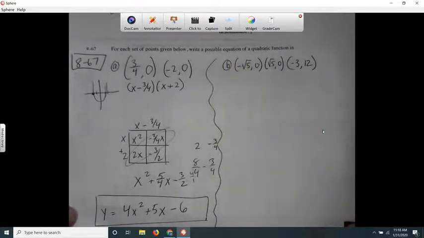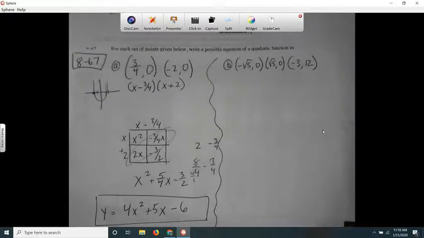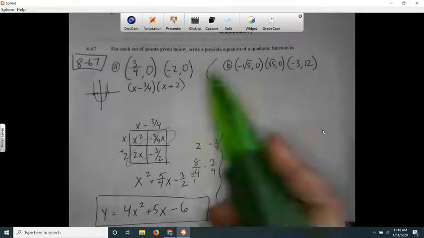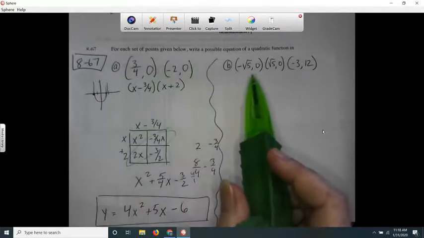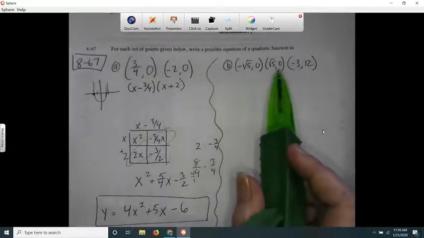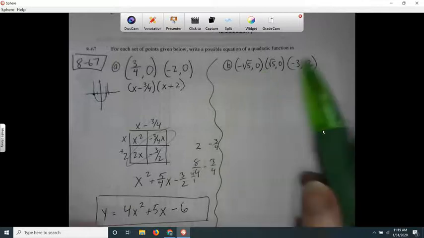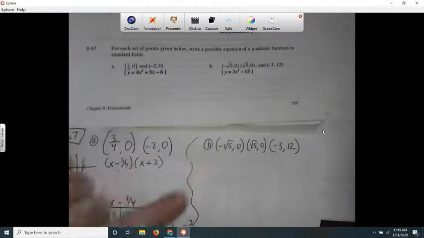And if it's not, I would have to find a stretch factor for it. This one I didn't have to worry about any extra points. It just gave me these two intercepts. I noticed these two, since there's zeros here for the y, those are intercepts. So these are the solutions. So I can do it the way I did this one.